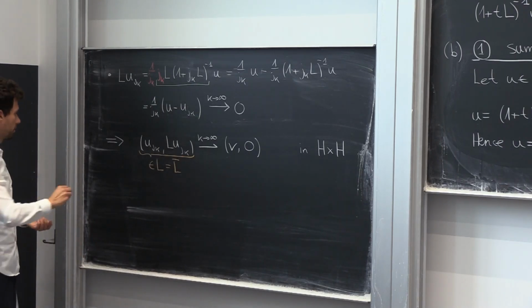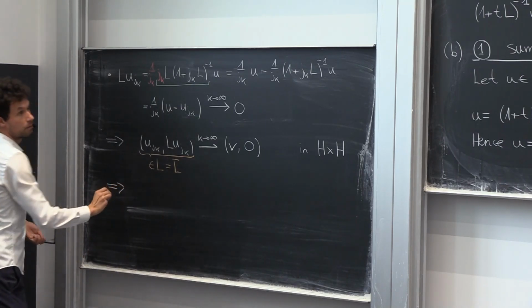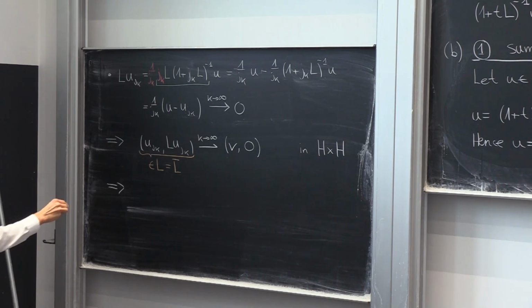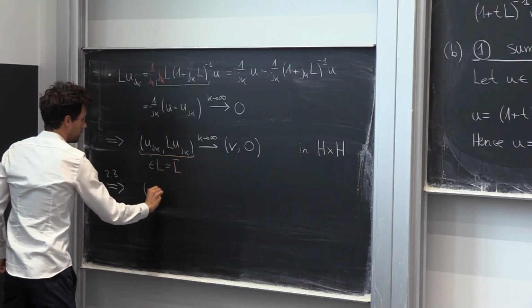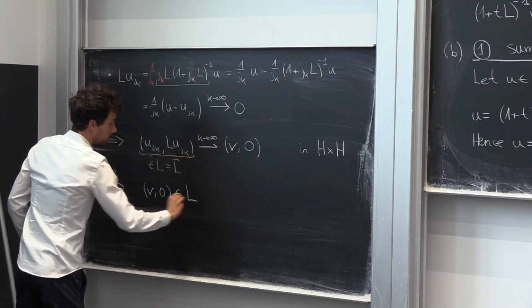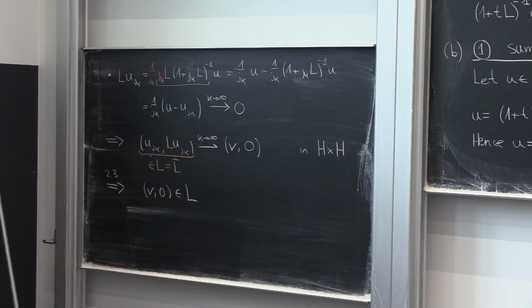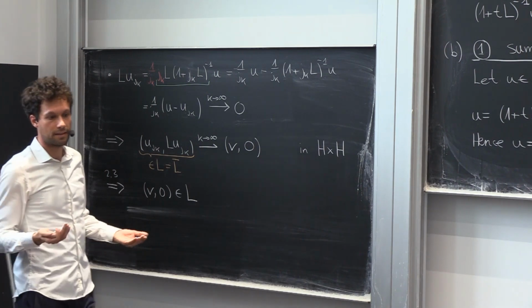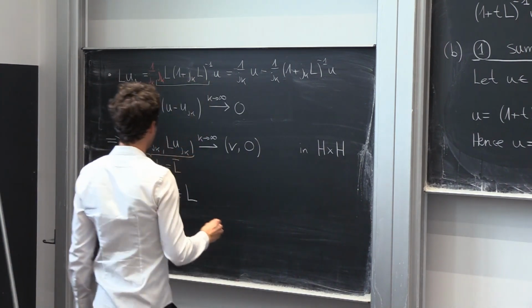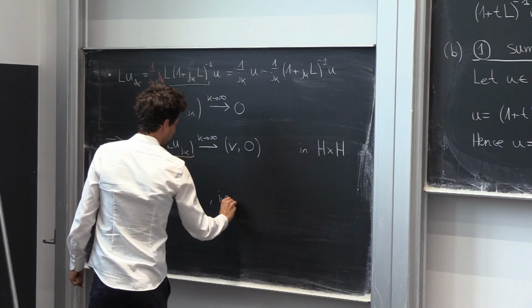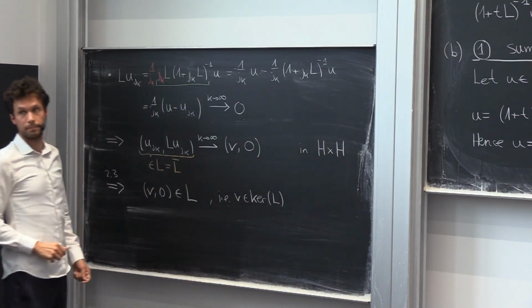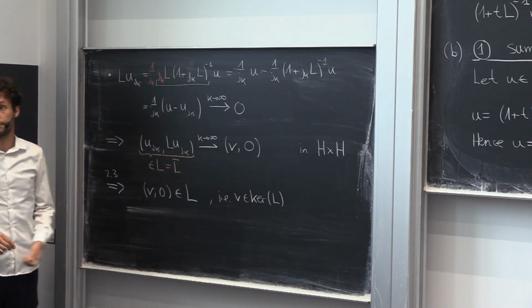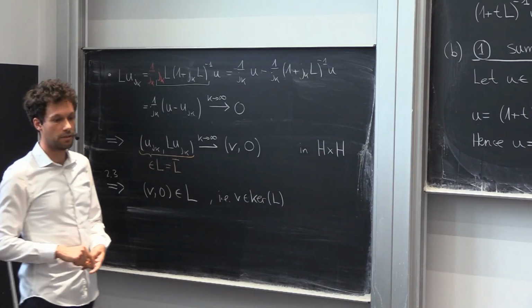It follows from 2.3 that v remains in L. Now that means that v is in the kernel, because it means that L of v is equal to 0. So v is in the kernel.